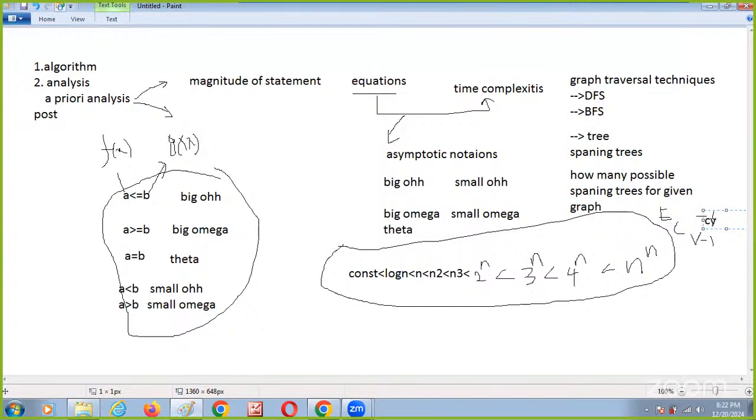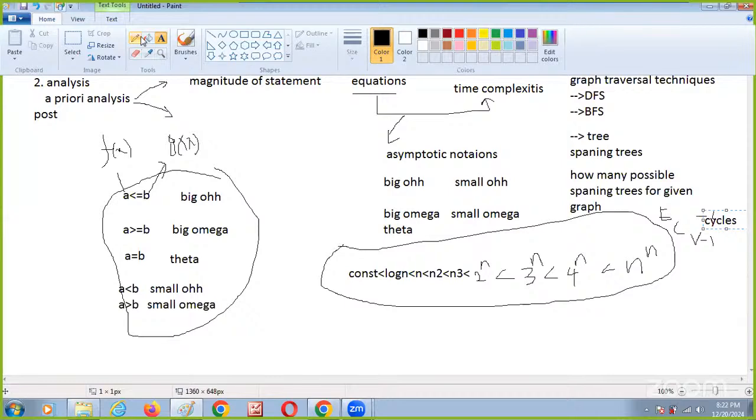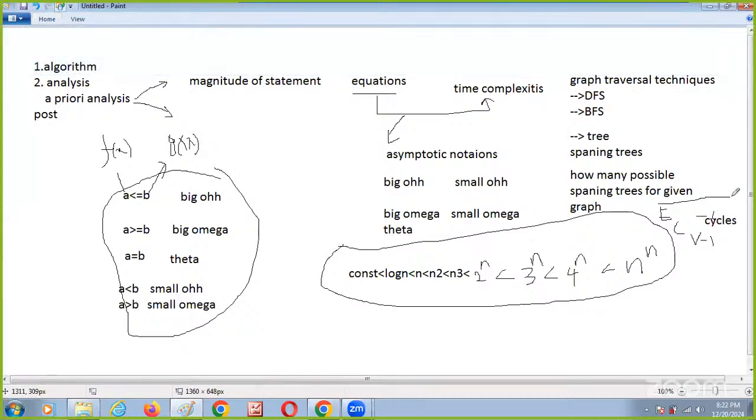We have already seen this. So this formula is very important, and there is a chance of getting questions from this one.